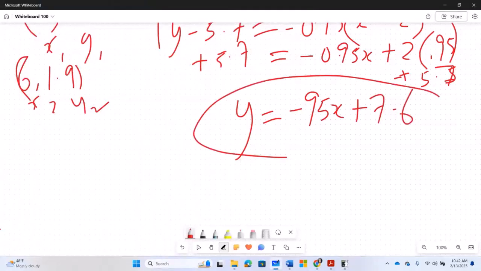So this is the equation of the line choosing 2 points. But this equation may not actually be very correct. So now I'm going to do it with the calculator.